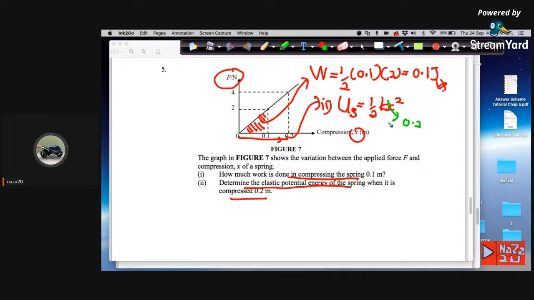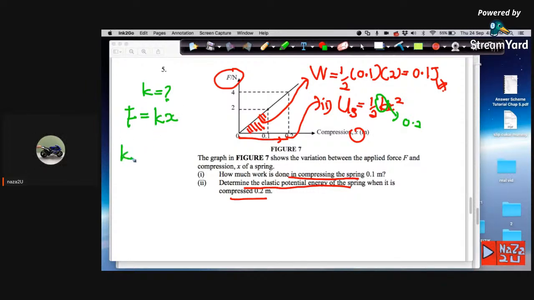To calculate the US, the problem here is K, the constant of the spring. To calculate the constant of the spring, you can use Hooke's law, because Hooke's law gives the relation between force and compression X, with K the constant of the spring.